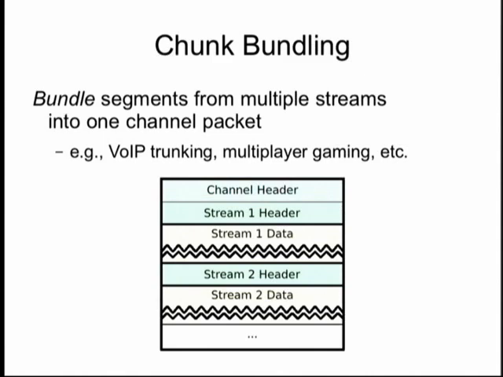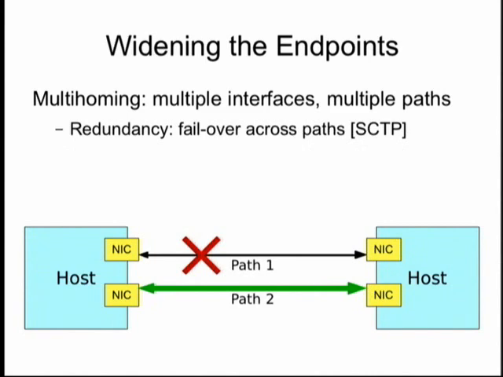A more far-out, long-term thing, which starts to get toward answering your question, is looking into what I call widening the endpoints. What happens when the endpoints become multi-core processors with lots of NICs, lots of IP addresses? What can the transport protocol do with those?